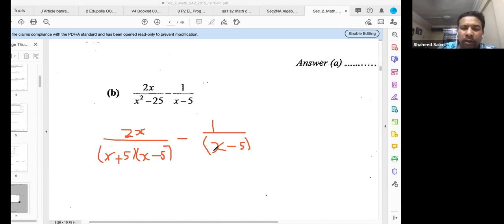You see down here, if you multiply this by x plus 5, you get the same as this. So I'm going to multiply it by x plus 5, top and bottom, to make it have the same denominator as the one on the left. I'm actually multiplying by 1.